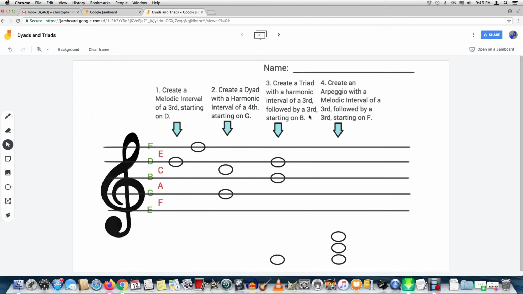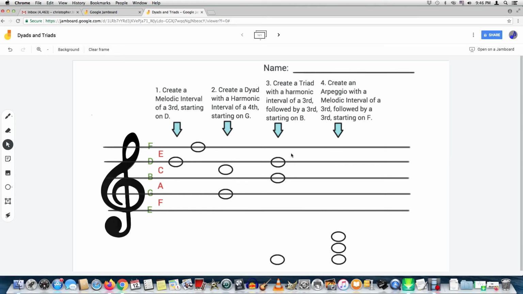Okay, so now our next step is to create another harmonic interval of a third because it says followed by a third. We're creating a triad with a harmonic interval of a third followed by a third. So we have to create another third from where we left off. We left off on the D line. So let's count another 3 steps from D, starting with D. So D is 1.